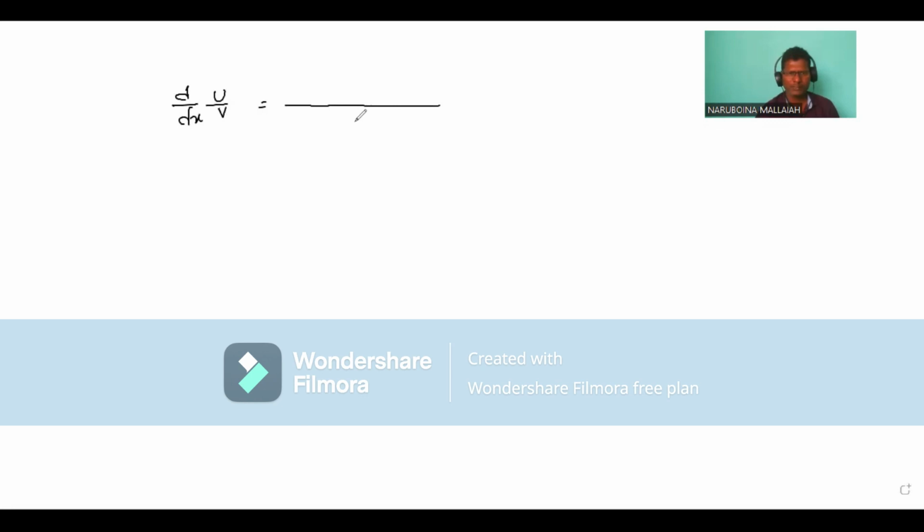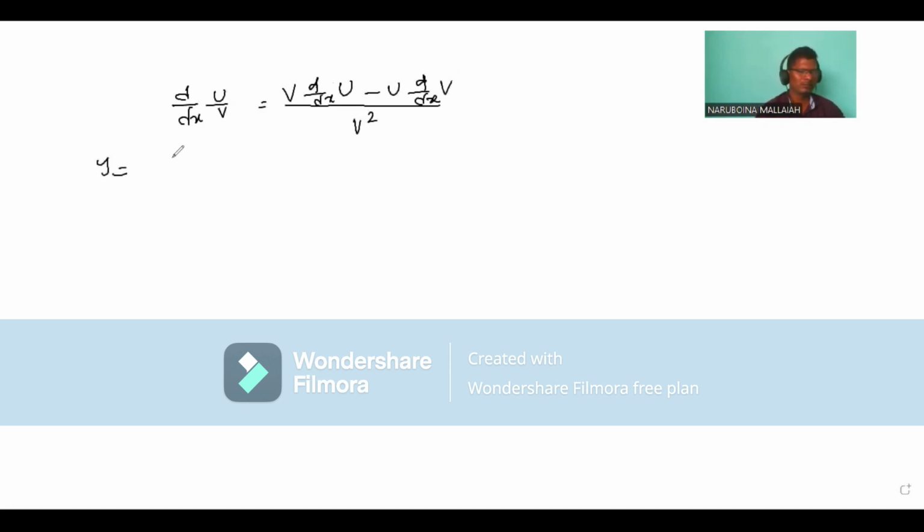Here write the square of the second function. Now start with the second function: second function into derivative of first function minus first function into derivative of second function. This is the formula for the division rule. Now using this we are going to solve some questions.